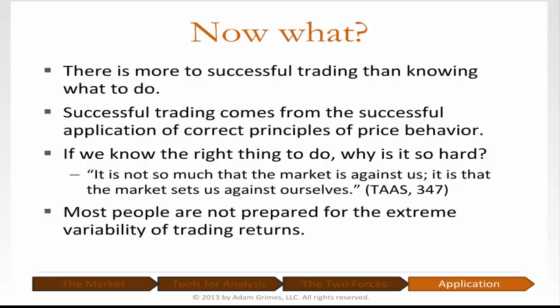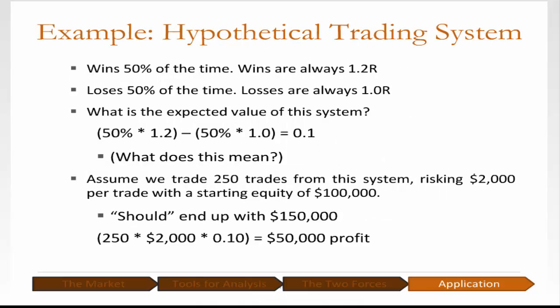And this is where human behavior becomes important. Remember, I told you half an hour or so ago that we have very poor perception of randomness. And that randomness applies not just to the market, but also to our trading results. Imagine a system here that wins half the time, loses half the time, so there's no break evens.